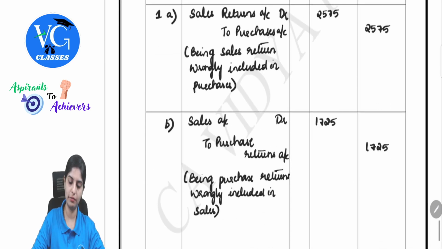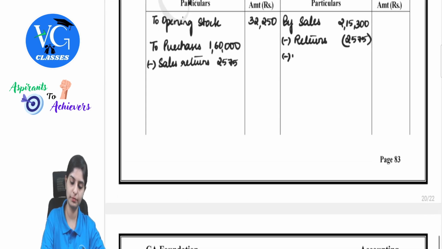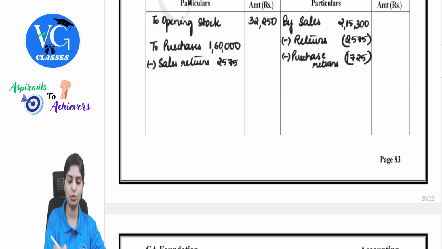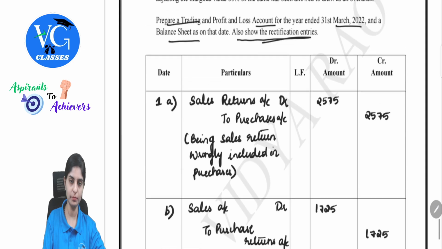For purchases 1725, this needs to be removed. Purchase returns 1725. This should have been actually subtracted from purchases returns. So minus returns 1725. Is this clear, guys?